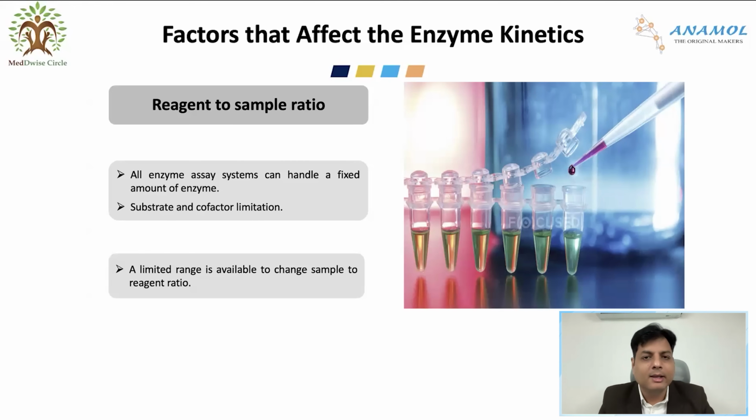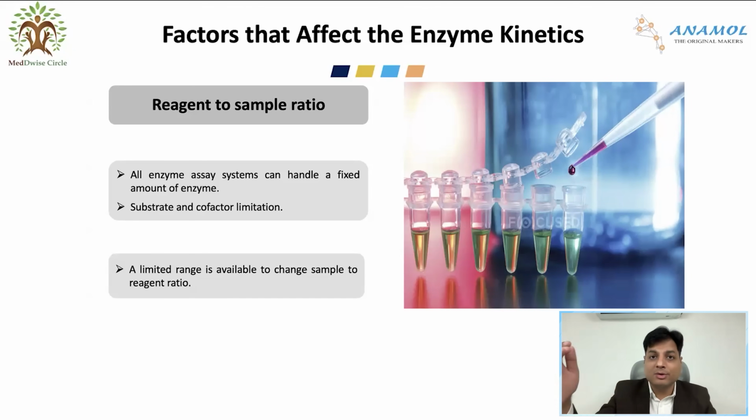Now, hypothetically, the manufacturer gives in the instructions that for 1 ml of working solution, we need to take 50 microliter of patient sample. In most laboratories, what happens is the reaction is not done in 1 ml. The reaction is done in 500 microliters.